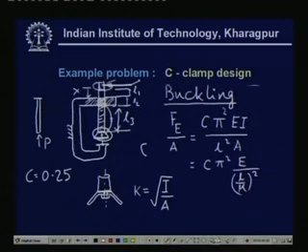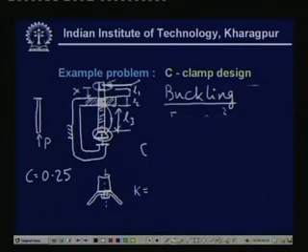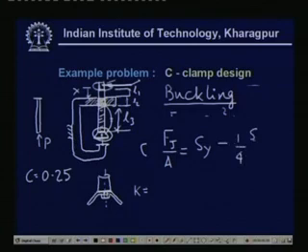If you remember this formula, then Johnson's formula will be given by this one, where F Johnson divided by A will be equal to the yield strength minus (1/4) yield strength square divided by F E by A. So, this is a parabolic formula given by Johnson.